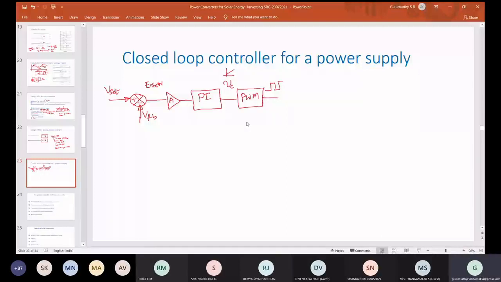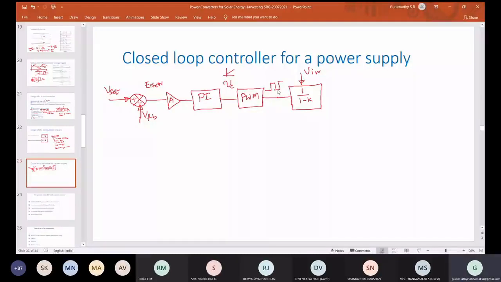So what is the block of the boost converter? The boost converter has one input, that is V in. Another is the pulse input, and the transfer function is 1 divided by 1 minus K. The pulse specification is the duty cycle and the frequency.